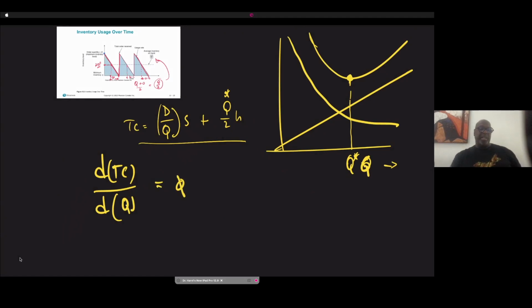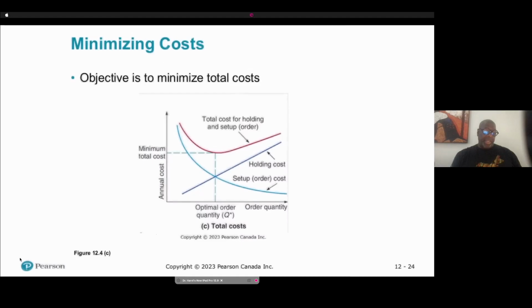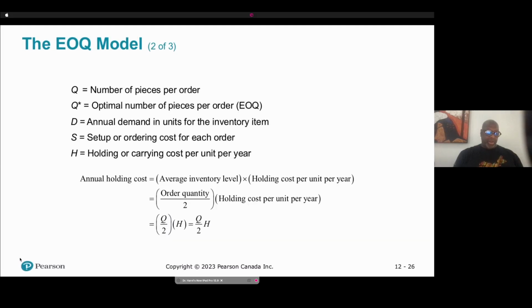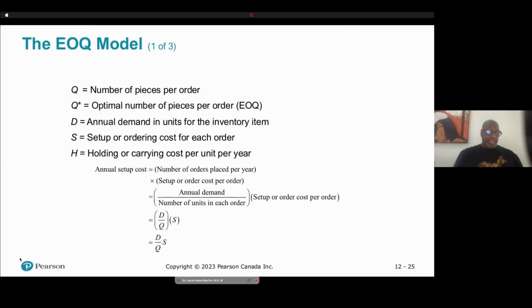That's the calculus, the differential of this function relative to Q. All right. Without going into all the calculus and everything, we actually end up with an equation, and that equation is given to us here.